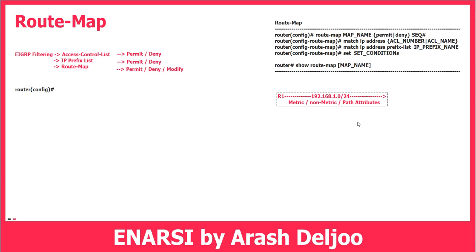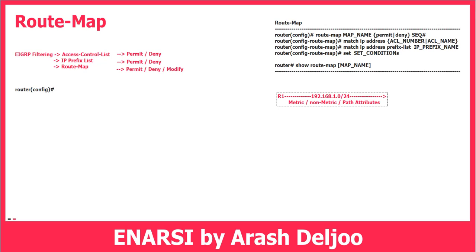Maybe you want to know what the benefit of changing the attributes is. You will learn about them in this class, don't worry. Because of that, we can understand that with the roadmap, we can do more functions than the IP prefix list and ACL. But about EIGRP filtering, we need only to permit the route or deny the route. Because of that, we can say that the other functionalities of the roadmap cannot help us in EIGRP filtering.